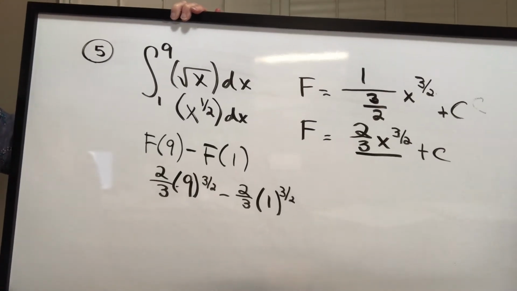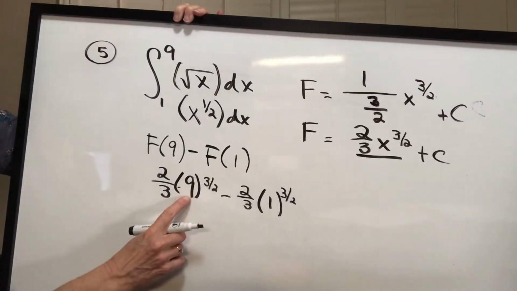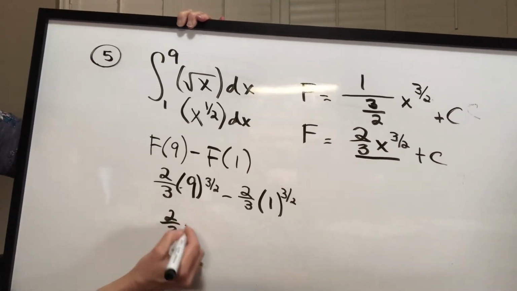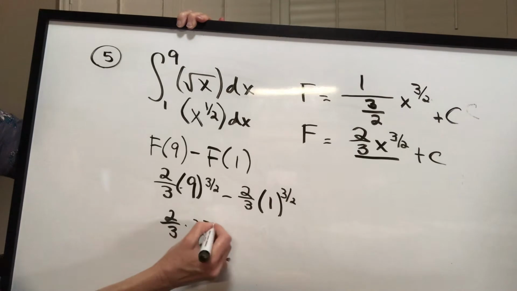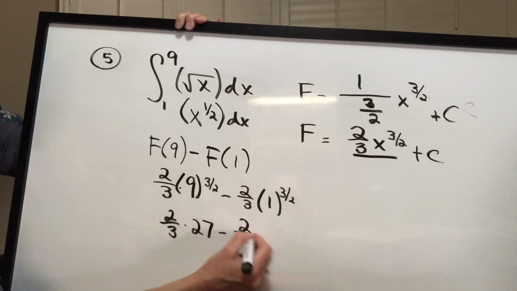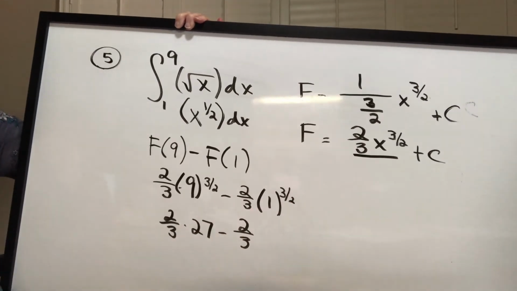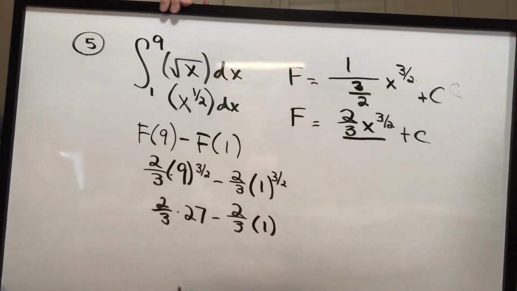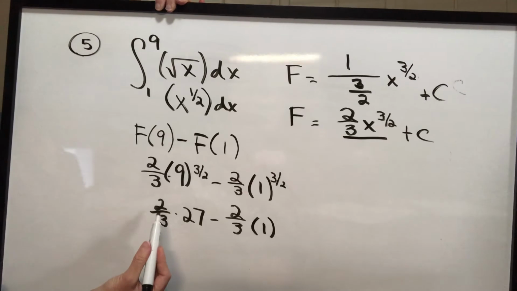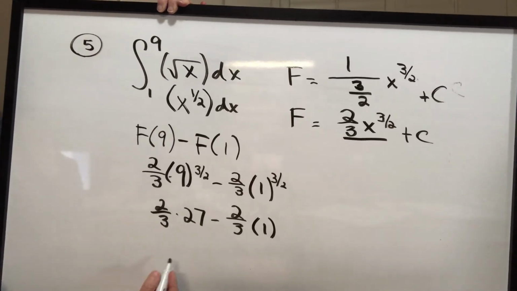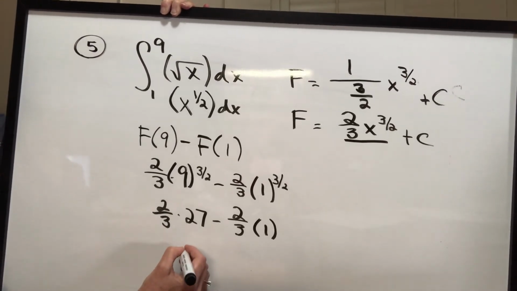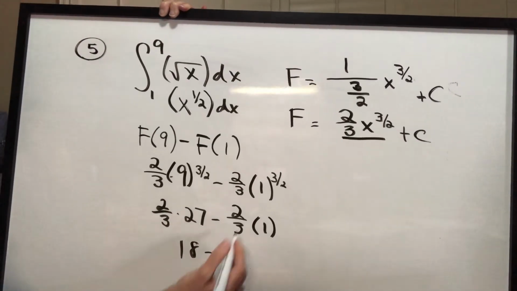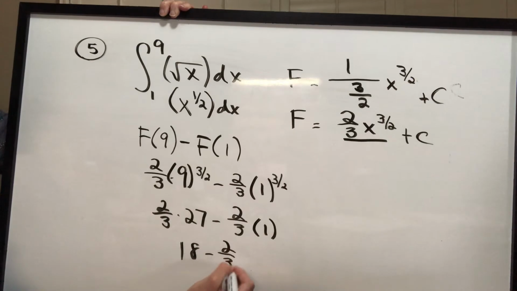Okay, so you're welcome to use your calculator, but if you were to type in 9 raised to the 3/2 power, you would get the answer 27. And over here, if you would plug in 1 to the 3/2 power in your calculator, you would get 1. And then if you do 2/3 of 27, that would be 18. And then 2/3 times 1 is 2/3.